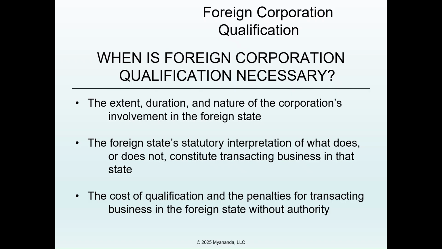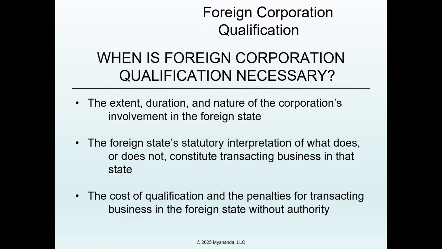The state of the corporation's charter or incorporation is the corporation's state of domicile, regardless of where the corporation transacts its business. The corporation is considered a foreign corporation in every state or jurisdiction other than its state of domicile. If a corporation is to transact business as a foreign corporation, it has to first obtain permission from the proper state official of the foreign state.